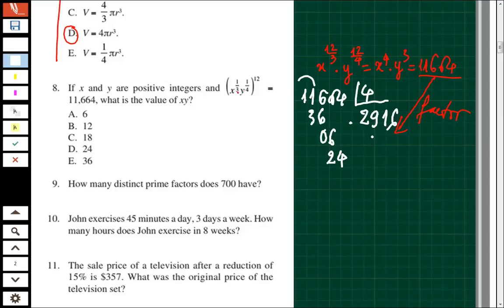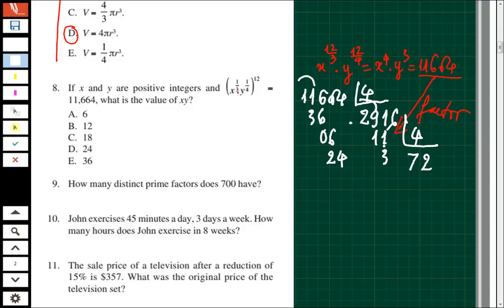We divide it by number 4 again. Is it okay? 29. Here's number 7. We have 29 subtracted 28 is number 1. Put number 1 down, and we have here number 2.